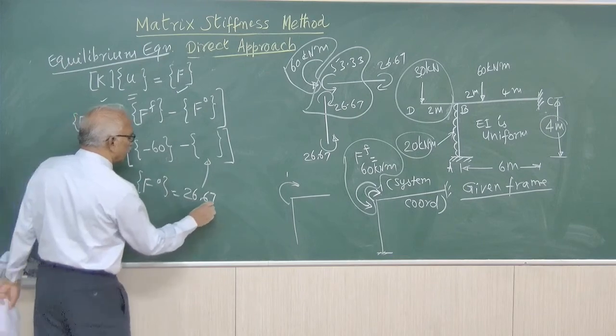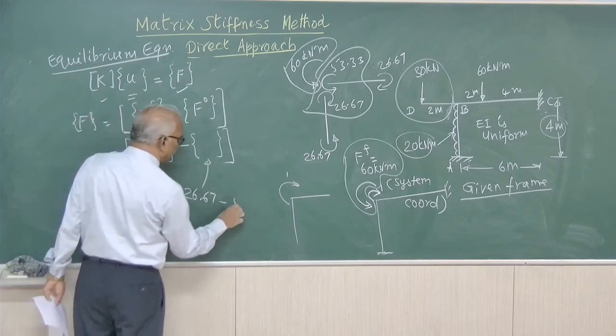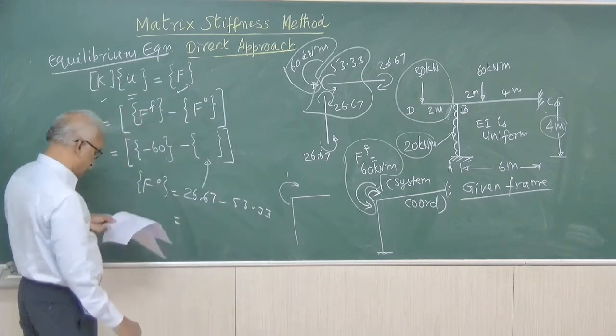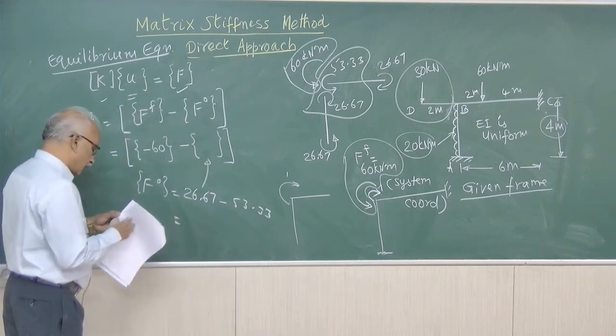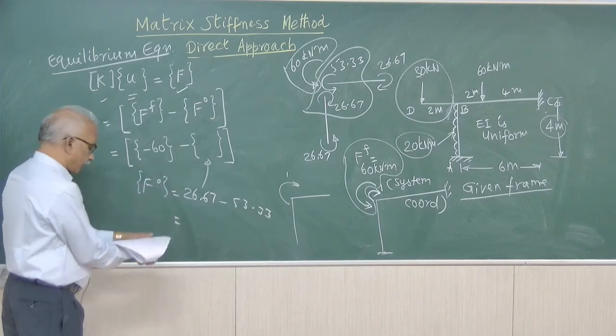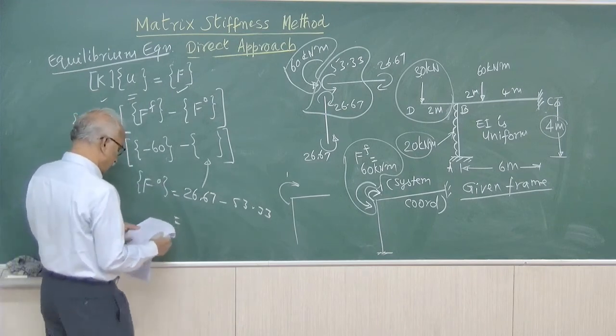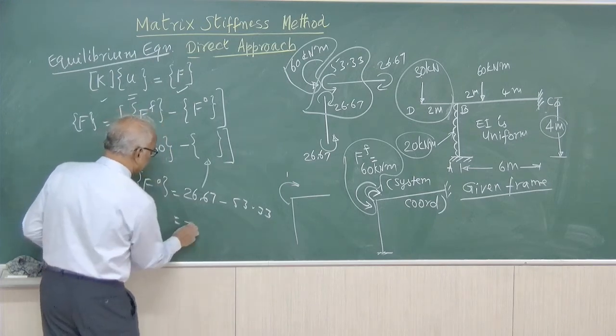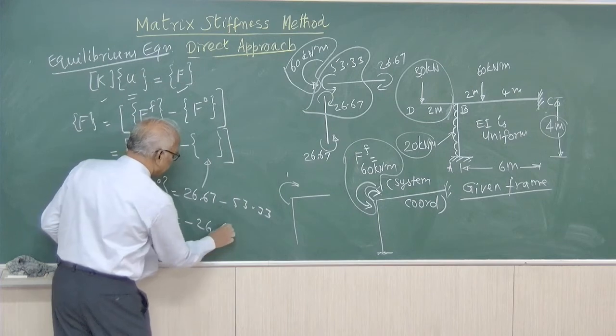F naught equal to 26.67 minus 53.33, which is minus 26.66.